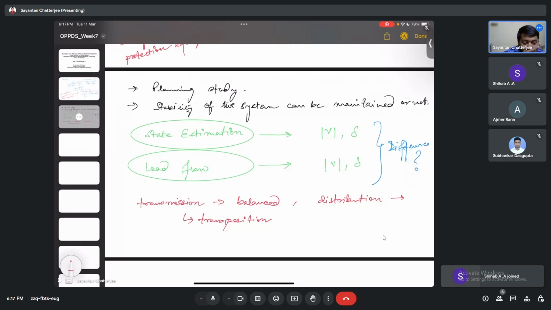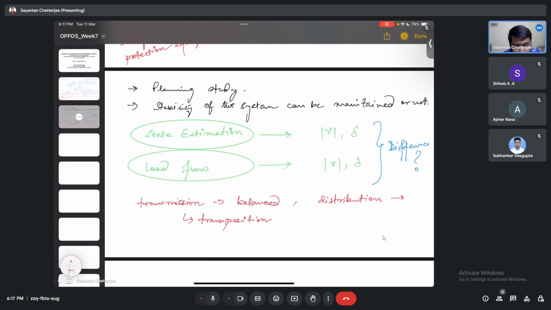So for those who have joined now, my question here is, after performing load flow, we get the voltage magnitudes and phase angles of the entire distribution system, or distribution or transmission, anything. But consider the distribution system since the course is based on the distribution side.